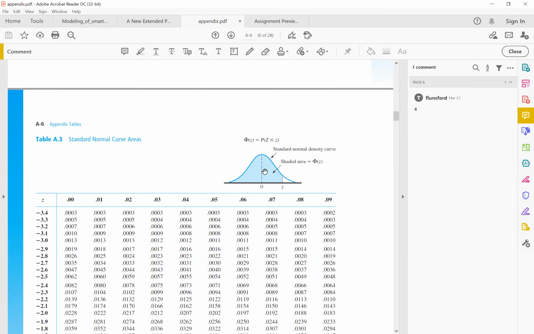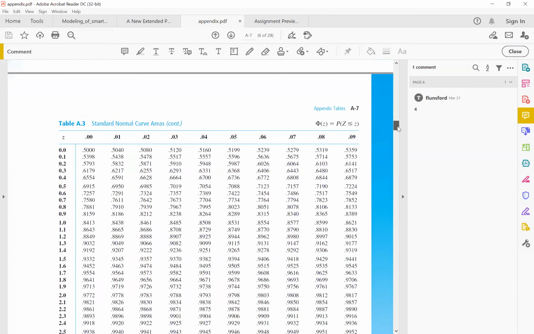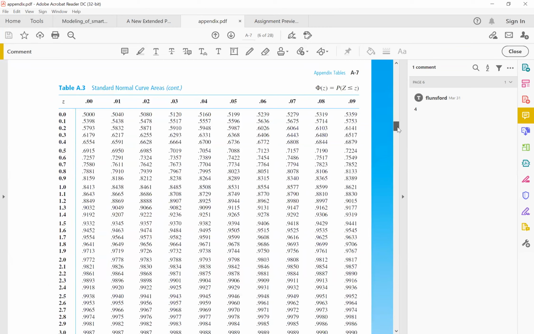If you want to, I'll recommend you to use the calculator because it's easier. But if you want to use the Z table, then we are looking for the probability between 0 and 2.23.